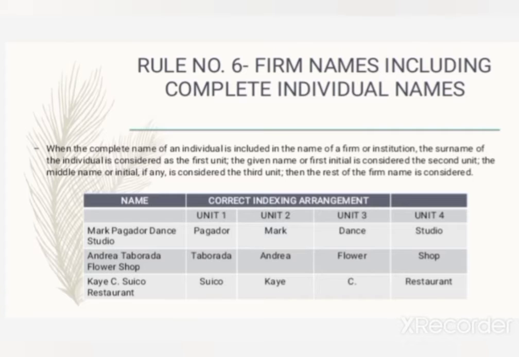So for example, Andrea Taborada Flower Shop. The name of the owner is included, so Taborada is indexed in unit 1, her surname, followed by her first name, and followed by the firm name.